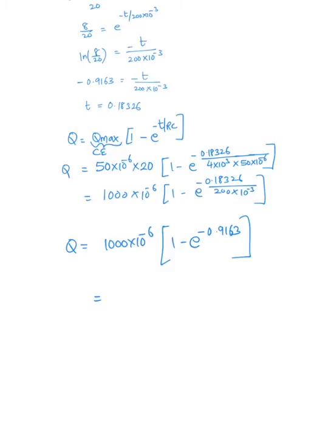Negative 0.9163, 1 minus the answer, into 1000 into 10 to the power of negative 6, and I get this as 6 into 10 to the power negative 4. Let's check if we have an answer. So this can be written as 600 microcoulomb. So we have got the answer.